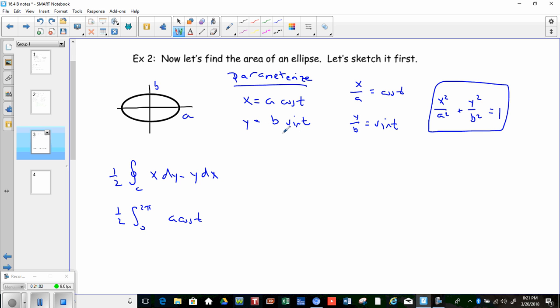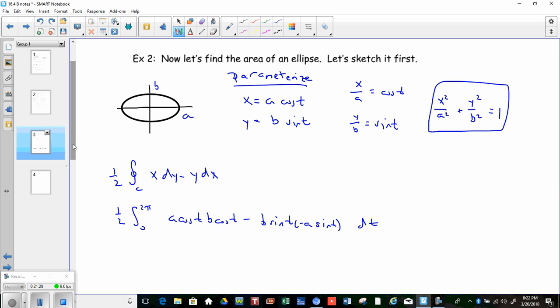Dy is the derivative here, which is going to be B cosine t, minus y, which is B sine t, times the derivative of x, dx, which is going to be negative A sine t dt.